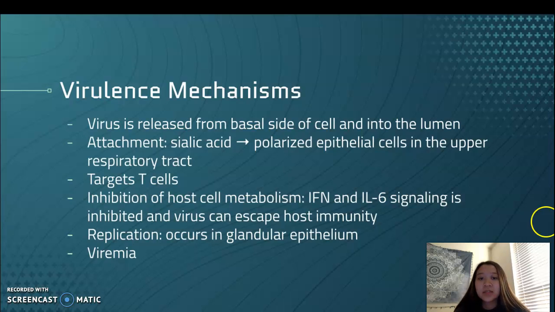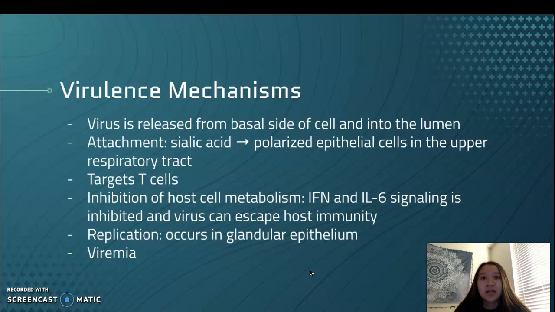So with all of this, what actually happens is that, again, the IFN pathway is blocked, and so viral replication is enhanced in the glandular epithelium. And last but not least, we get viremia, which is the virus being present in the bloodstream.